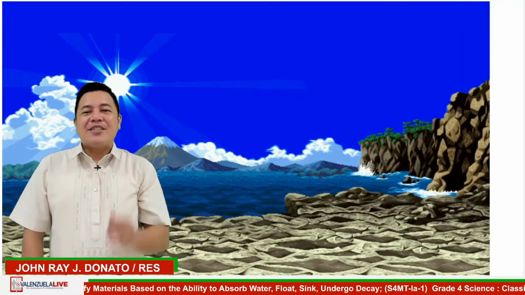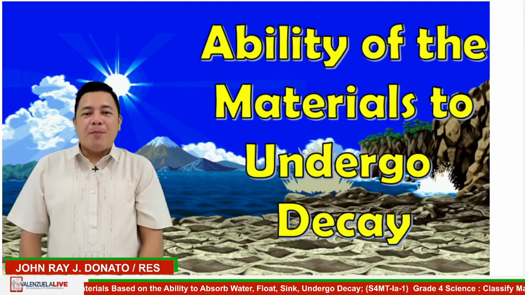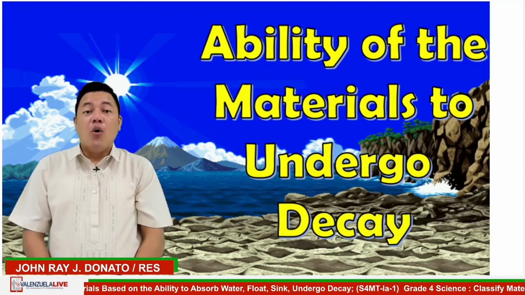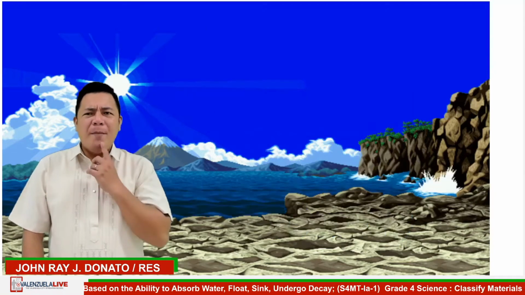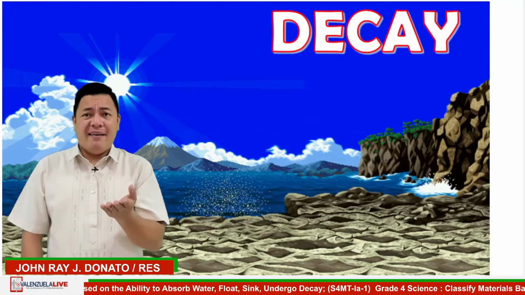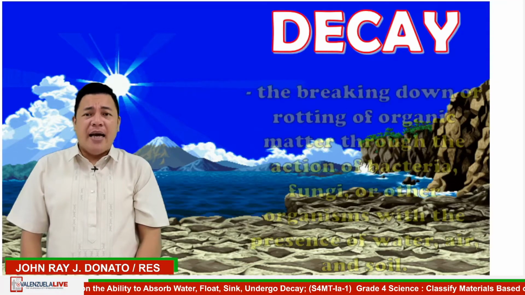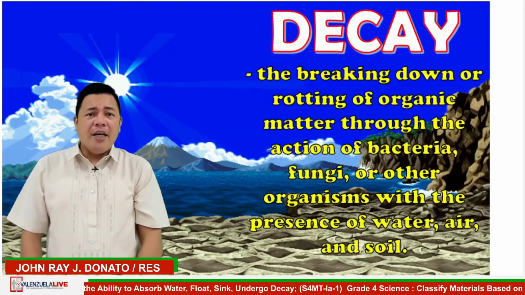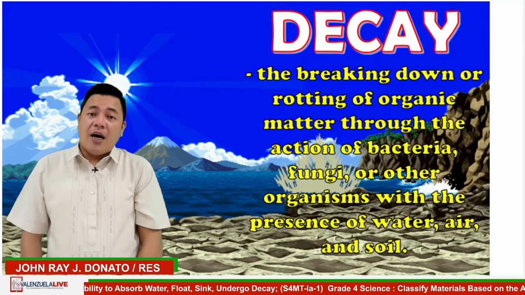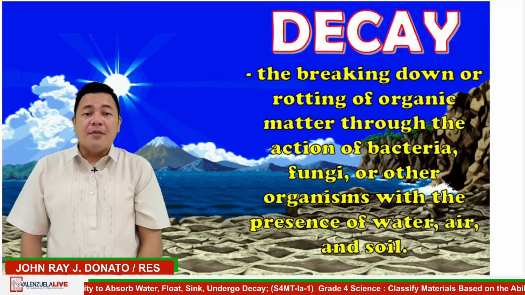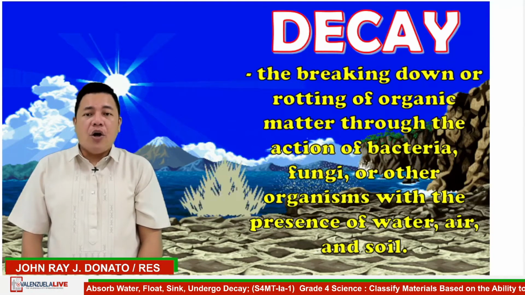Now, let us go to the next activity, which is the ability of the material to undergo decay. What do we mean by decay? Decaying is the breaking down or rotting of organic matter through the action of bacteria, fungi, or other organisms with the presence of water, air, and soil.